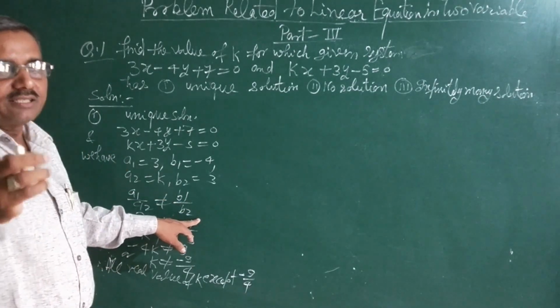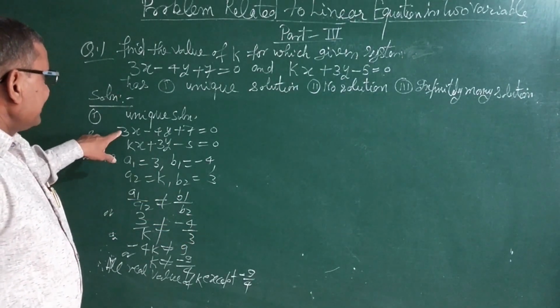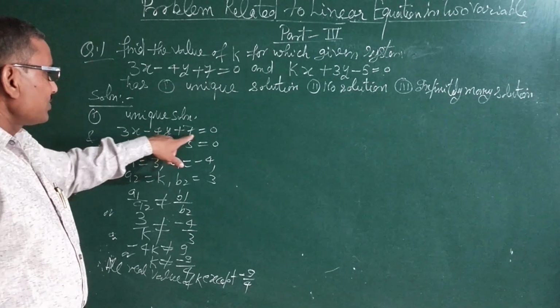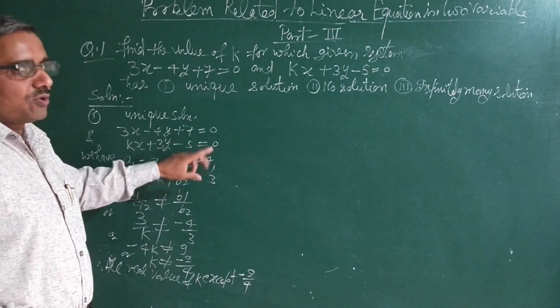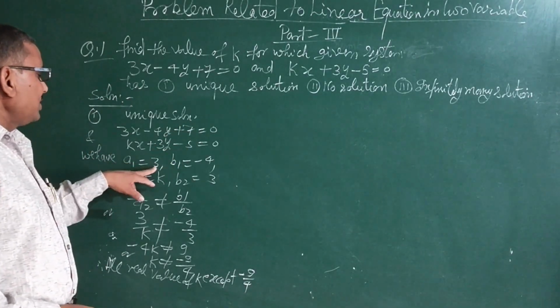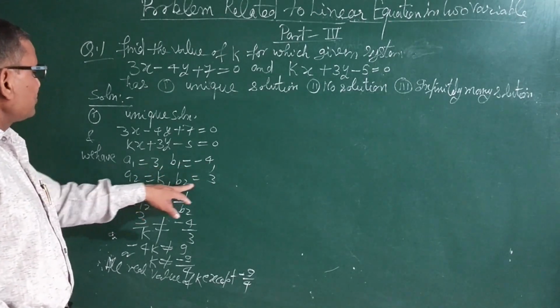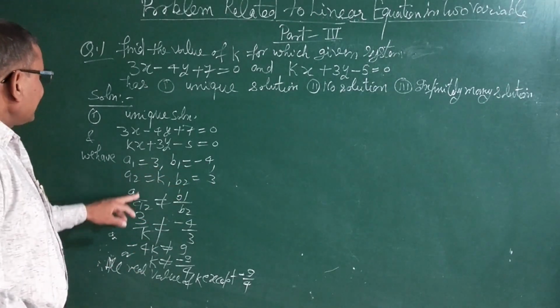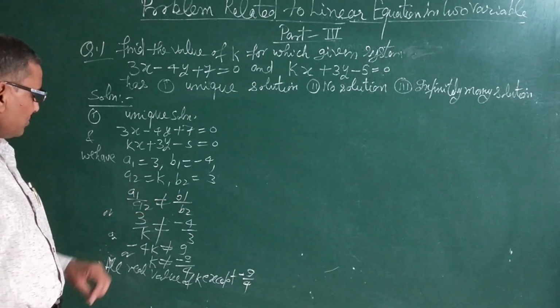With the help of that, here it is given that the equations are 3x minus 4y plus 7 is equal to 0 and kx plus 3y minus 5 is equal to 0. Comparing, we get a1 is equal to 3, b1 is equal to minus 4, a2 is equal to k and b2 is equal to 3. So the uniqueness condition is a1 upon a2 is not equal to b1 upon b2.